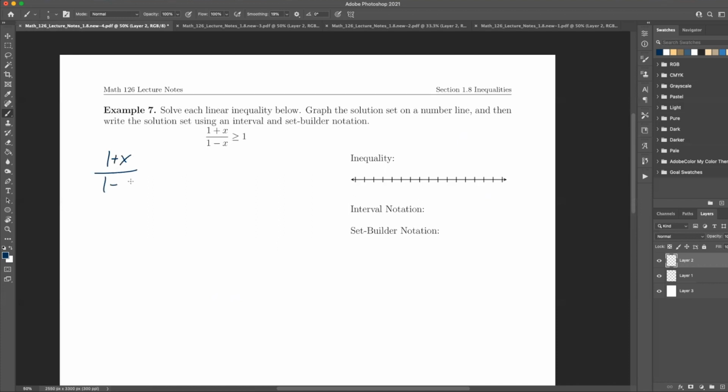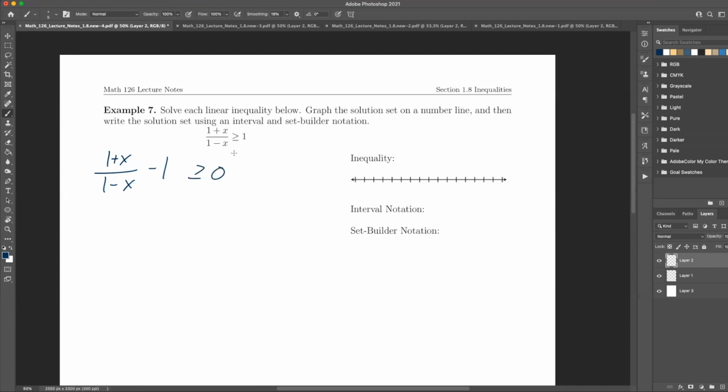I like to always do at least one ugly problem in the notes, because have you ever been in a math class where they do all the simple problems, you get to the homework and they have an ugly problem? It's like, I've never seen how to do this. I don't teach that way, but I have been in classes where it's like, we never saw anything close to this. I try not to do that very much.